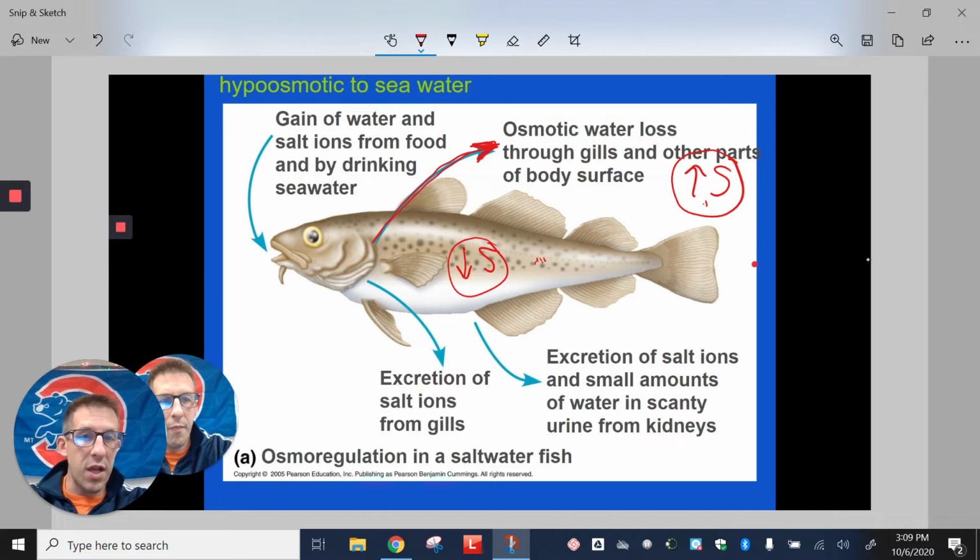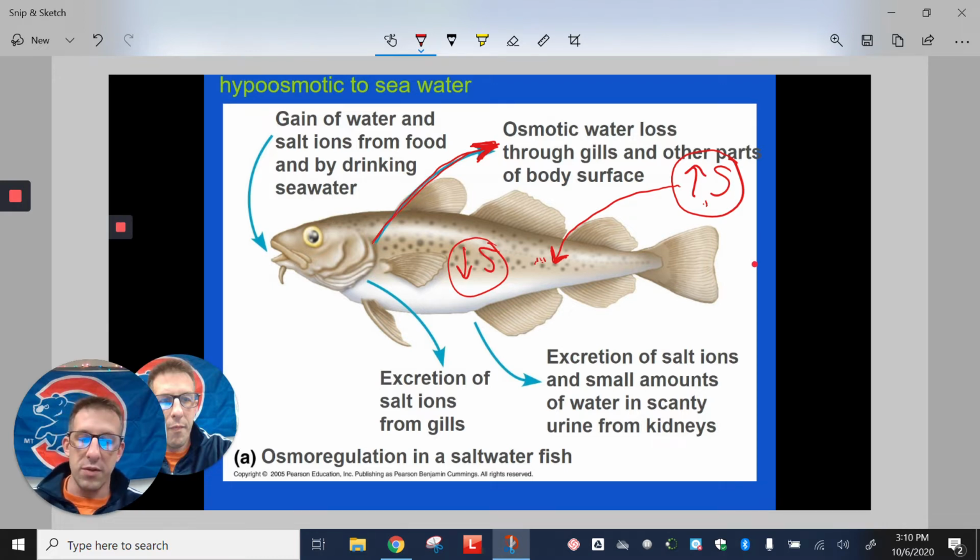So we actually have another diffusion occurring here. We have another concentration gradient where salt is actually going to come into this guy's body. Okay? So he's going to get extra salt in his body, which he doesn't want there. That's not within his set limits, within his normal limits. And we want to make sure that, or he wants to make sure that he can get some of that extra salt out of his body.